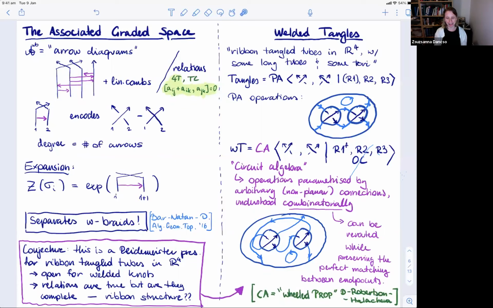So let me take a short detour to talk about ordinary tangles. How do ordinary tangles form a finitely presented algebraic structure? The most elegant way that I know of is, I believe, due to Bar-Natan in one of his Khovanov homology papers, to present tangles as a planar algebra.